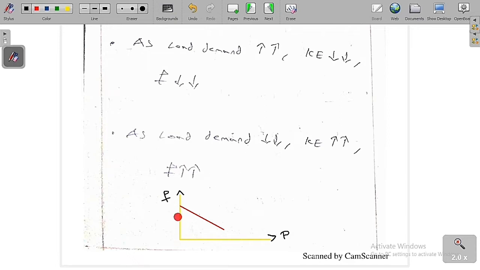You can easily see this with the help of this plot. As the power demand increases, the frequency of the system will decrease. As the power demand decreases, the frequency of the system will increase.